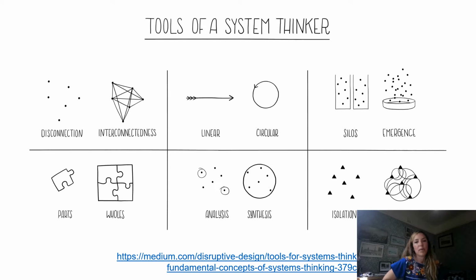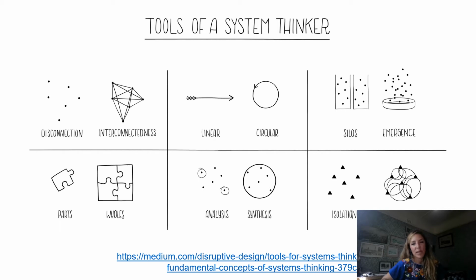It also moves from thinking in silos to understanding how emergence happens within systems. It gives you a much more holistic understanding of the picture, putting together all the different parts to understand the whole. It also moves from just analyzing separate components to a more synthetic understanding of the system, really thinking of things in a much more relational way and not as isolated parts of the system.